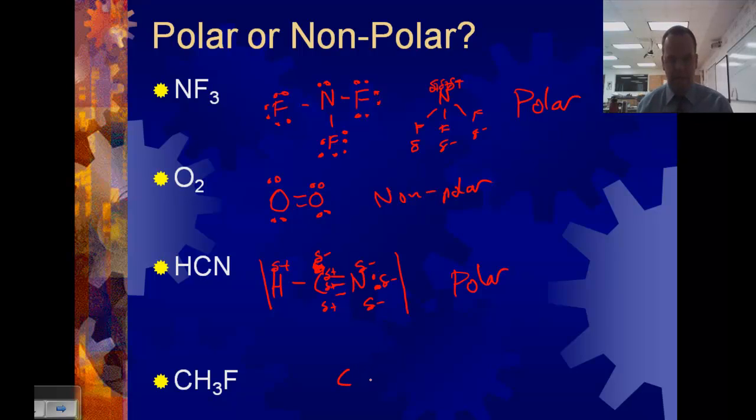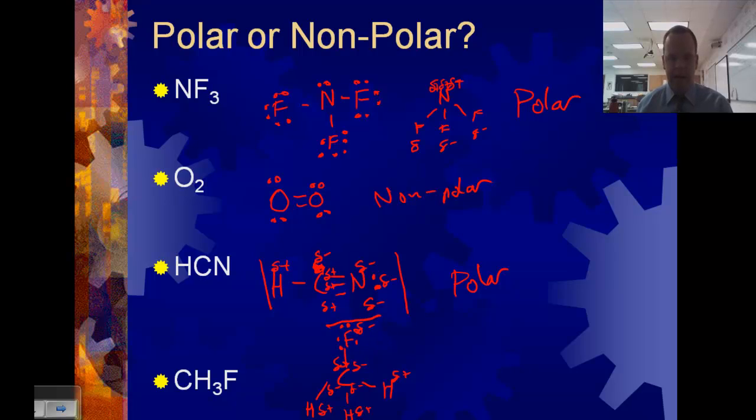CH3F. You think of the structure. This is tetrahedral. Carbon is more electronegative than hydrogen, but fluorine is more electronegative than carbon.